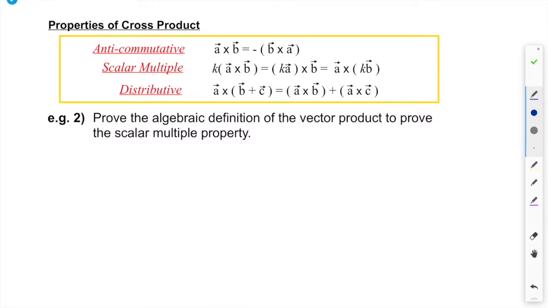You still produce vectors perpendicular to vector A and vector B, but they will be pointing in opposite directions if you switch the order of the cross product. A scalar multiple can be applied to the entire cross product, or it can be applied to one single vector before you cross, and you will still get the same result. And the distributive property will hold true in the cross product.